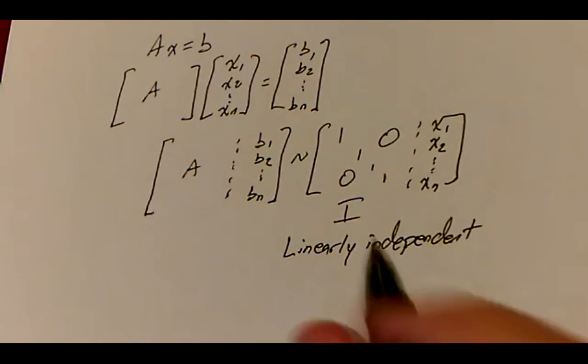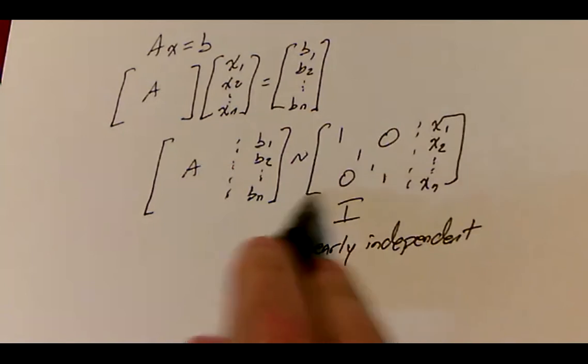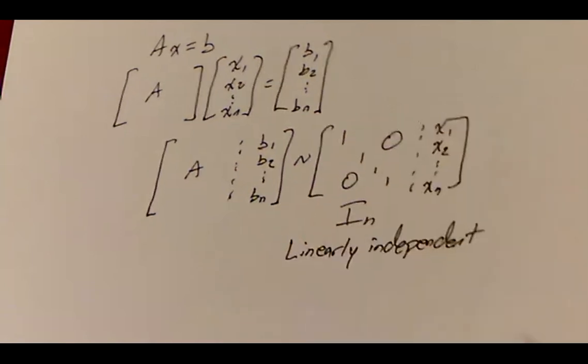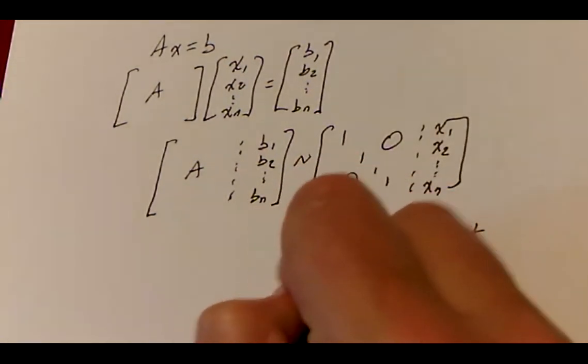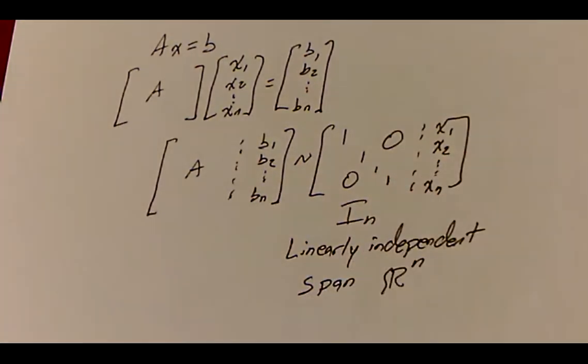And if the vectors are linearly independent, since I have n copies of them, this is I sub n, then these vectors span the entire space of Rn.